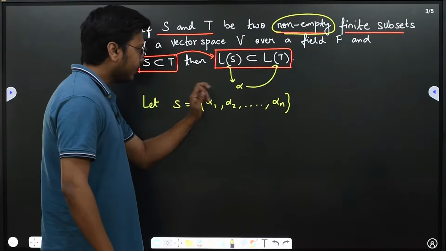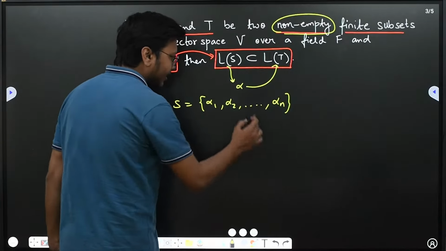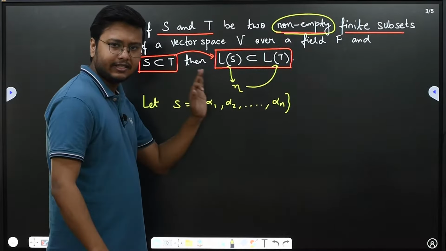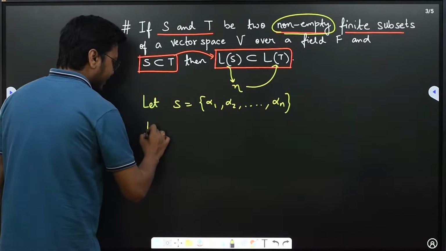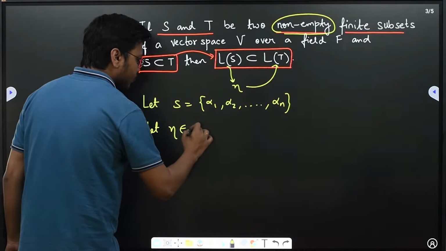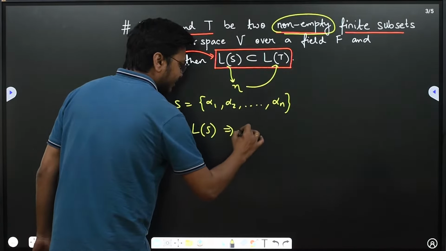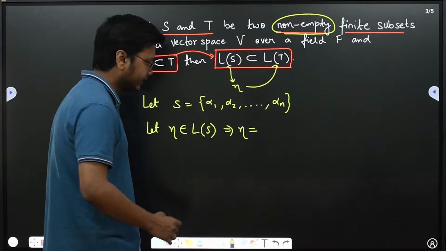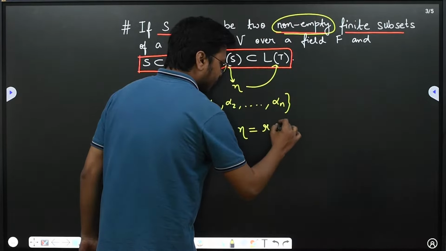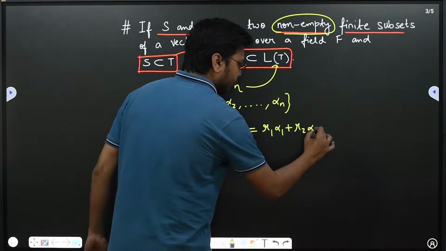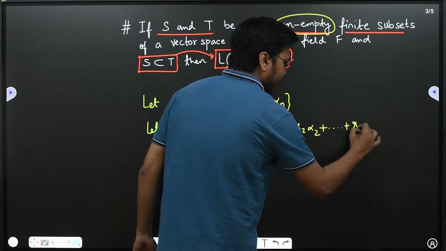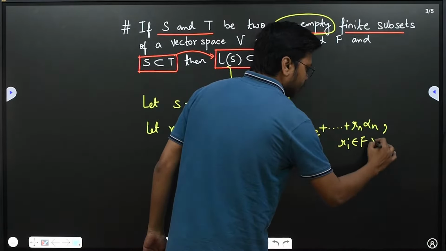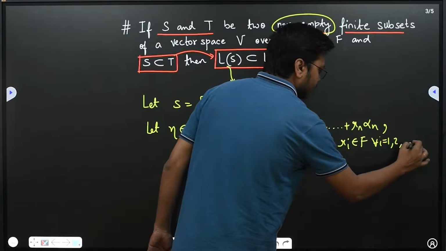So if I want to take a random element, I'll not name it alpha, just for convenience let me name it something different. Let's call it eta. Let eta belong to L of S, so eta would look like a linear combination of the elements of S, that is, R1 alpha 1 plus R2 alpha 2 plus dot dot dot Rn alpha n, where all the Ri belong to F for all i equals 1 to n.